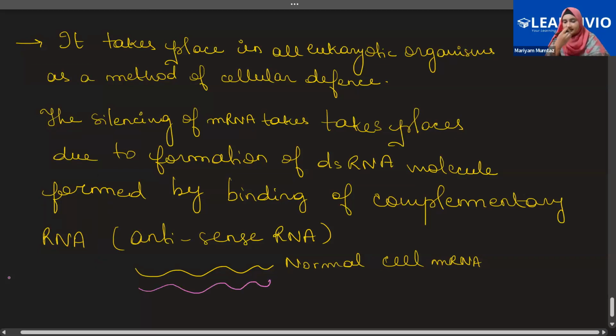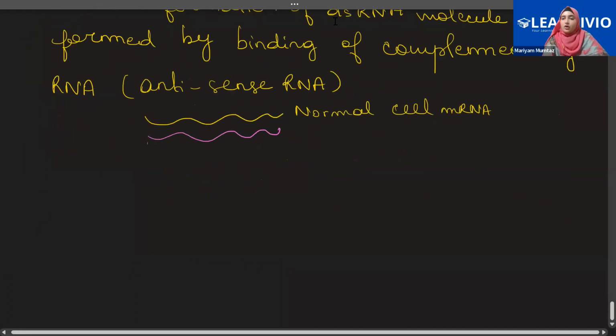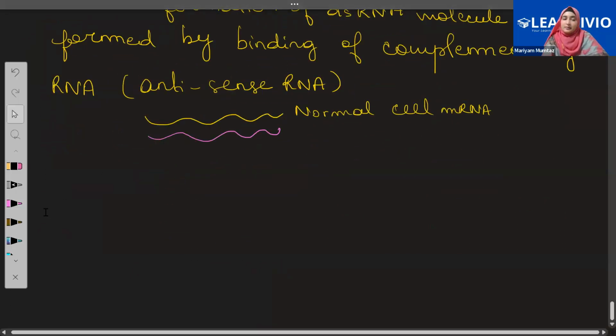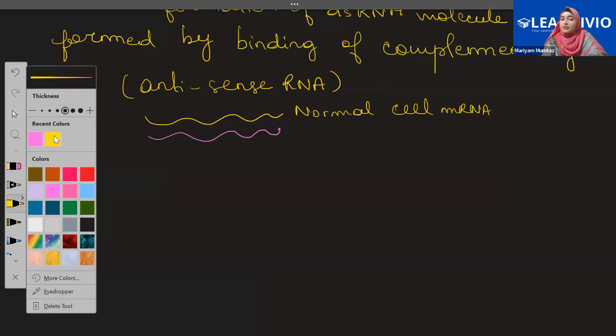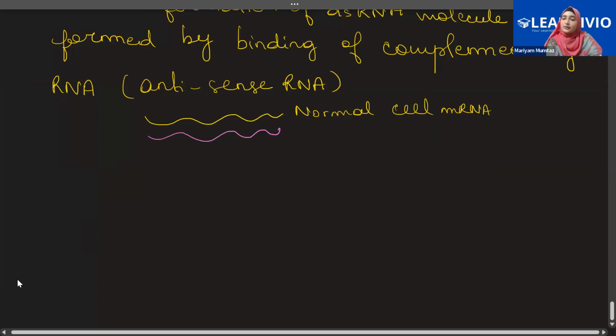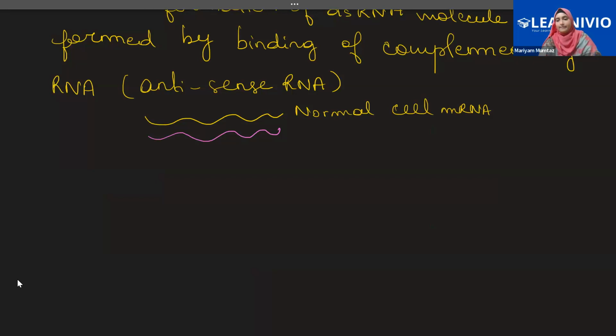Okay, and this antisense mRNA will cause the silencing of the mRNA. Why? Because the mRNA does not express itself in a double-stranded form. It is single-stranded, and only that way can it express itself. Clear? This much is clear? Does anyone have any doubts with the concept of how it happens? No, ma'am. Yes, clear, ma'am.